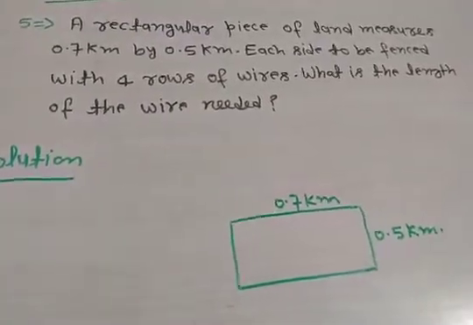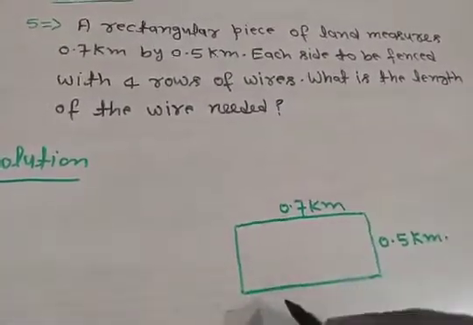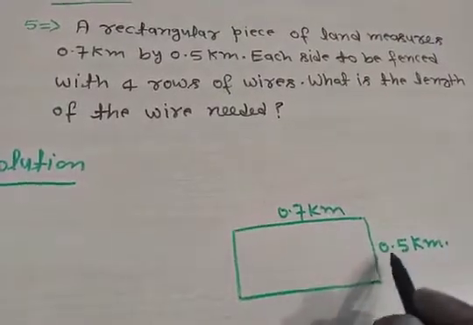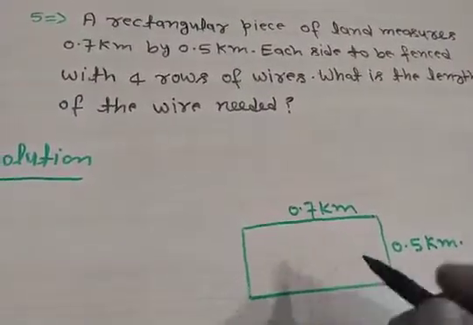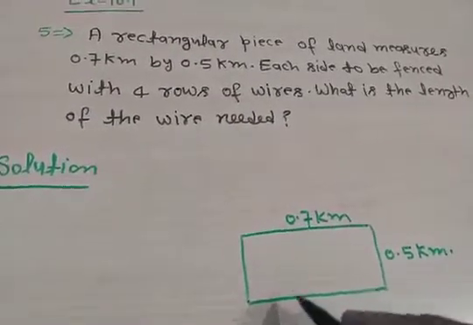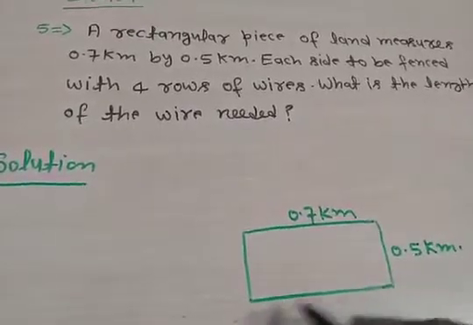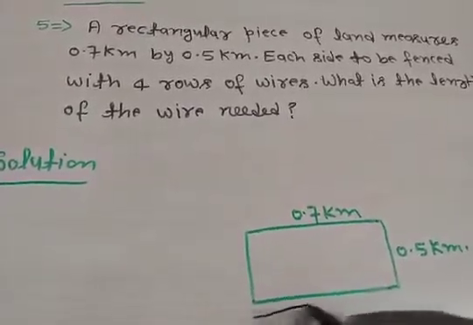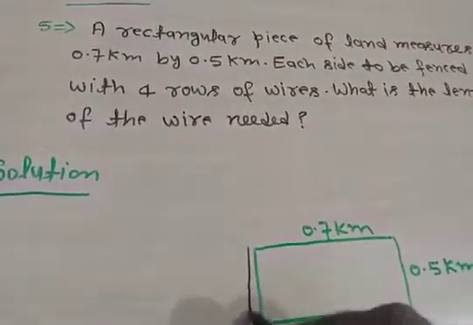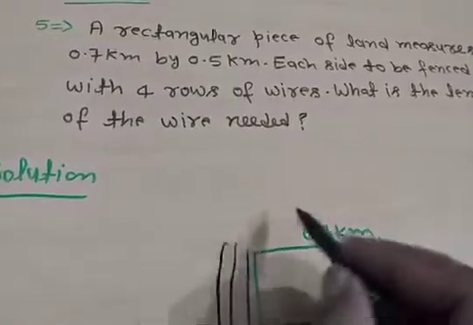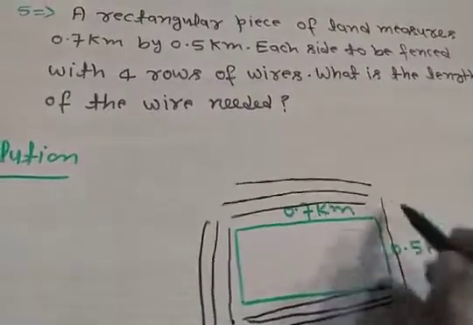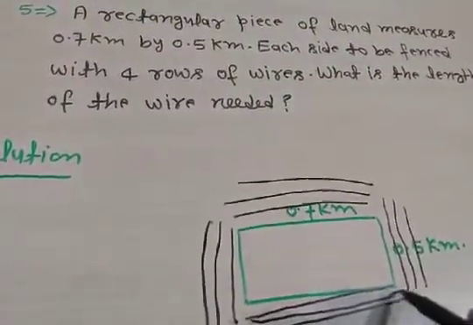This is a rectangular piece of land whose length is 0.7 kilometer and the breadth is 0.5 kilometers. We need to protect this land, so we fence it with wire. How many times? 4 rows. We protect it with 4 rows like this. I hope all of you have seen such an arrangement.